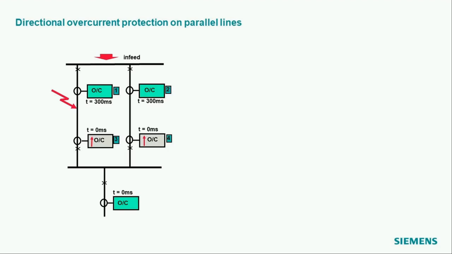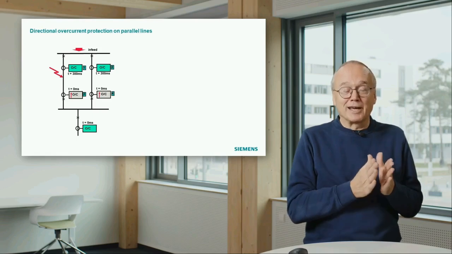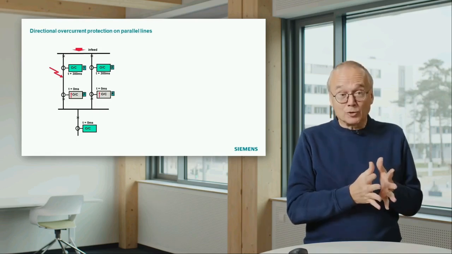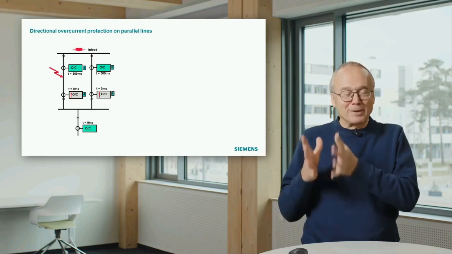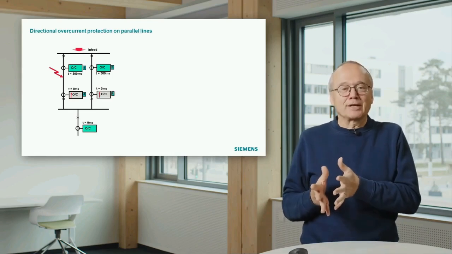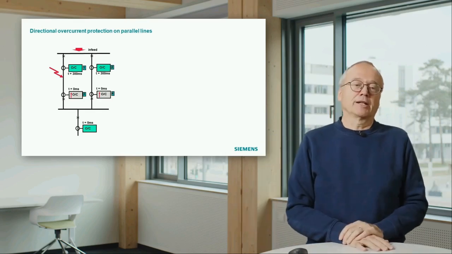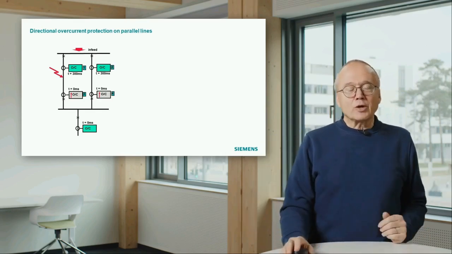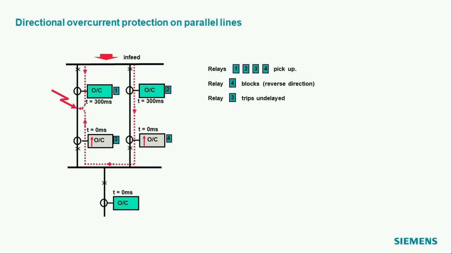Important thing, of course, is if we have a fault on one cable, we have to trip this cable, but of course the other cable, the parallel cable, should remain in operation. Otherwise it doesn't make sense to have two cables in parallel. So what's going to happen if we have this short circuit there at that location? We have a current flow, and this shows a little bit the current flow.